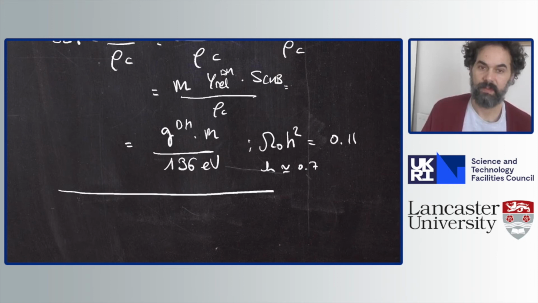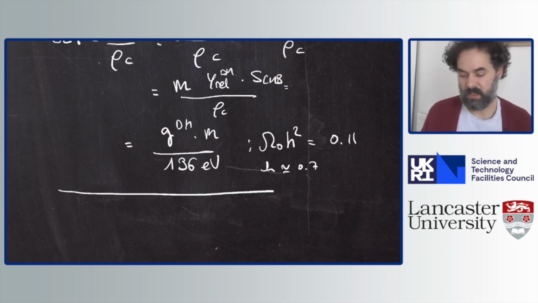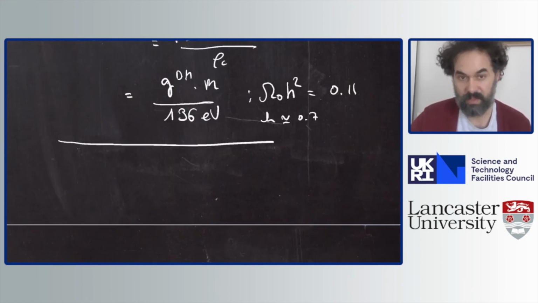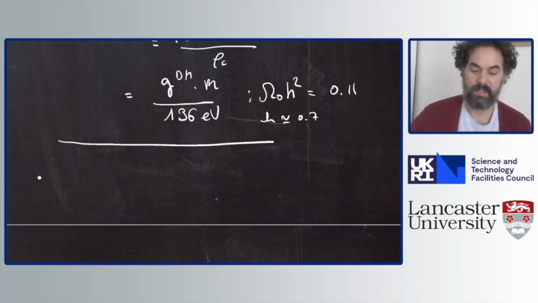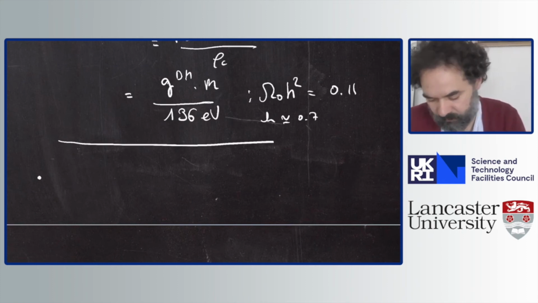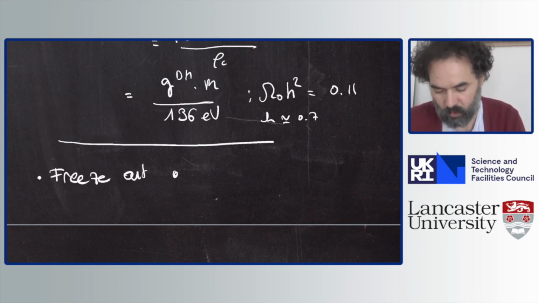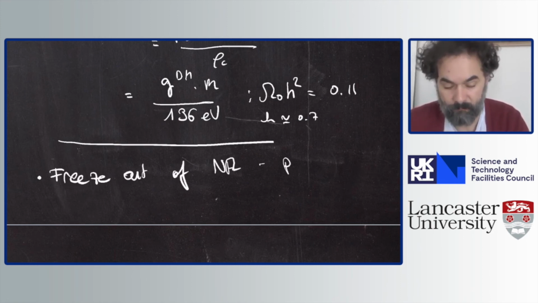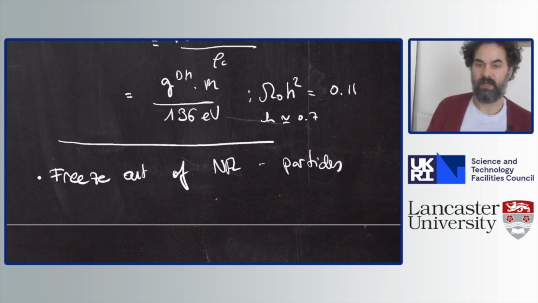Very good. So this is the first mechanism, but as you see, it's not very flexible. It's only for one particular mass that you can generate the amount of dark matter that you want. In the second process that we're going to explore, freeze out of non-relativistic particles, we have more flexibility.